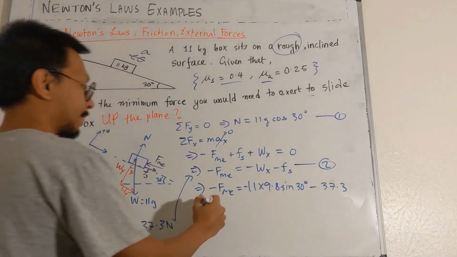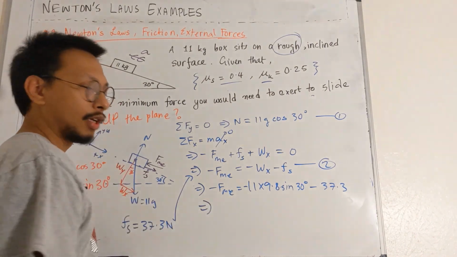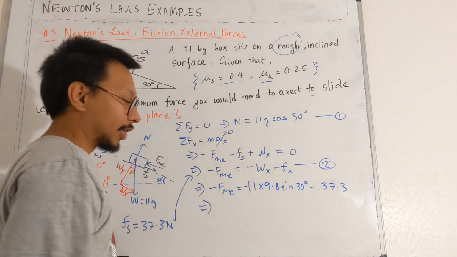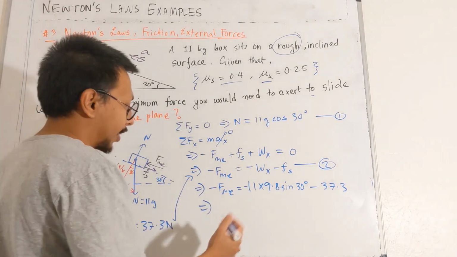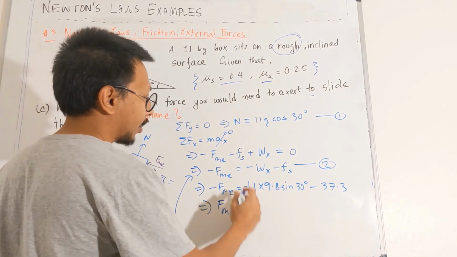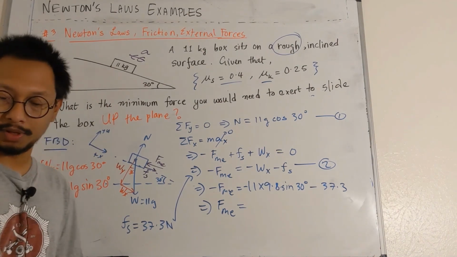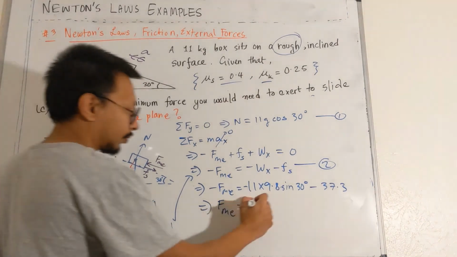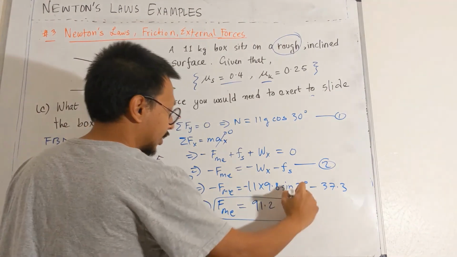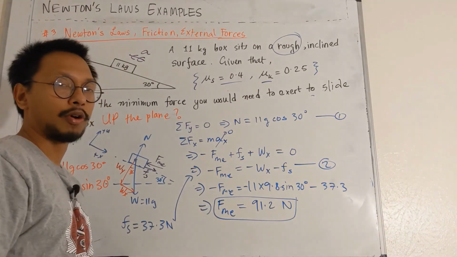All right. Then since all of these terms are negative, you can multiply both sides by negative 1 or divide both sides by negative 1. It doesn't matter. That will help me solve for F me. So this comes out to be 91.2 newtons. So this is the minimum force that I would need to exert to just about move the box up the plane.